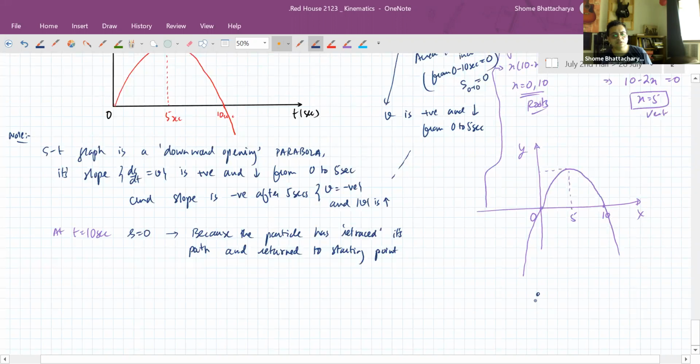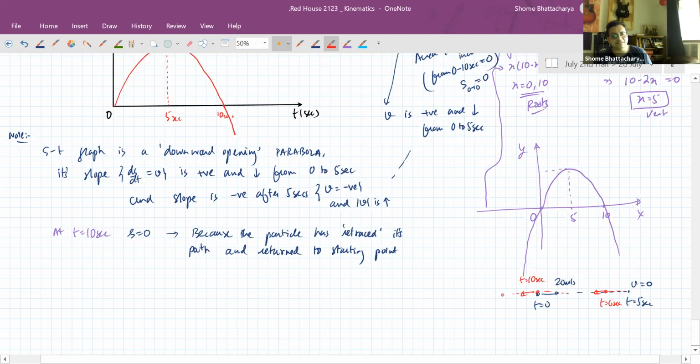So if the object started from here at t equal to 0 with a velocity of 20 meters per second, then it's gone like this up to 5 seconds. It is going in this direction, but the velocity has just become 0 for a moment. Now after 5 seconds, it starts coming back like this. So let's say at 6 seconds it's over here again, but having a negative velocity. Like that, it's returned back exactly to this point at 10 seconds. So the displacement is 0.